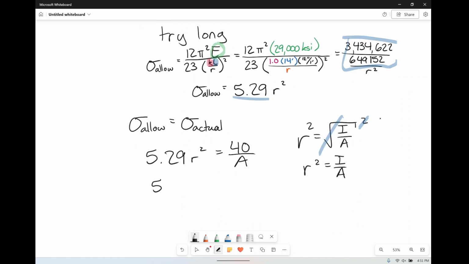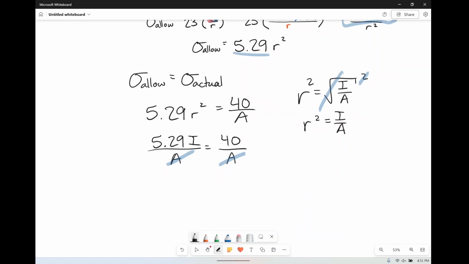So over here we're going to have 5.29 times I divided by A is equal to 40 divided by A. Now the A's cancel. Hell yeah. So what I'm going to get now is something in terms of moment of inertia. So 40 divided by 5.29 is 7.56 inches to the fourth.